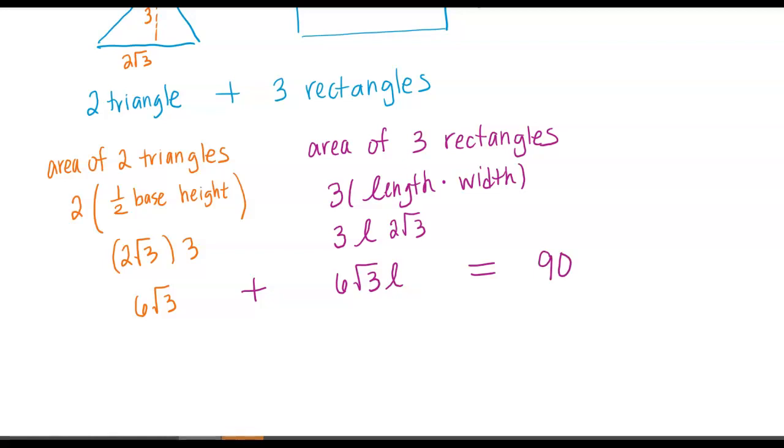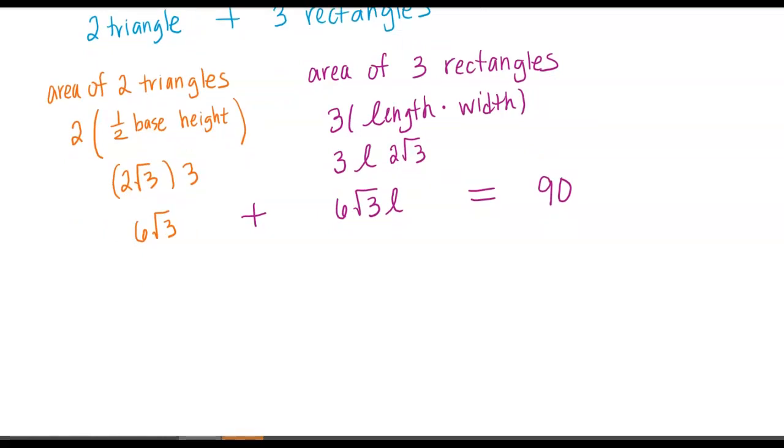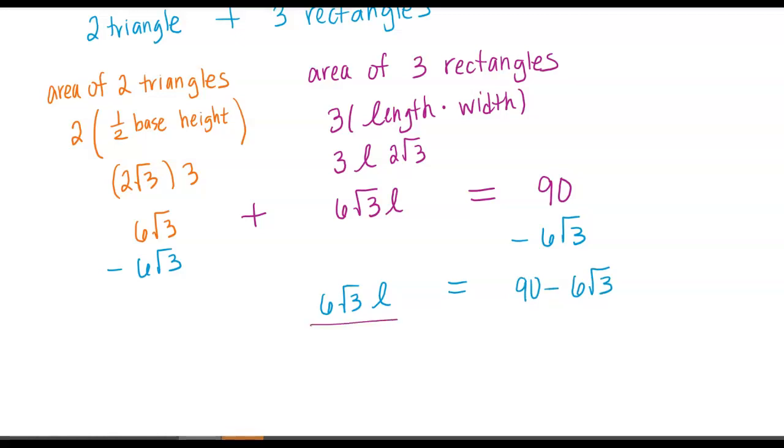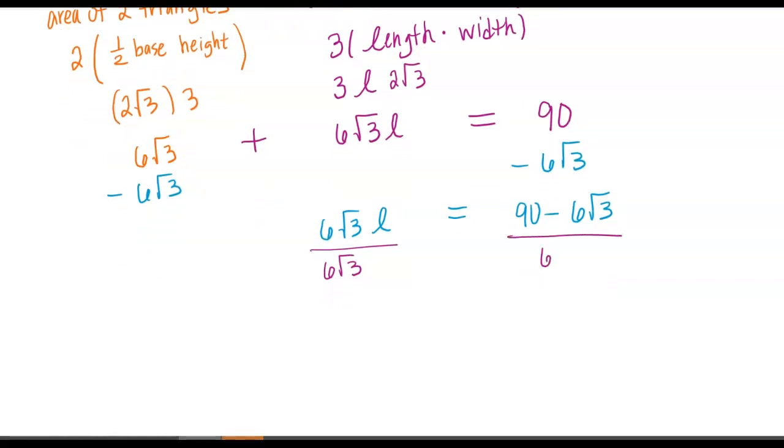So this is the equation that I want to solve. I'm going to subtract 6 square root 3 from both sides first. So I have 6 times the square root of 3 times L is equal to 90 minus 6 times the square root of 3. And then I will divide both sides by 6 square root 3 to get that L by itself.